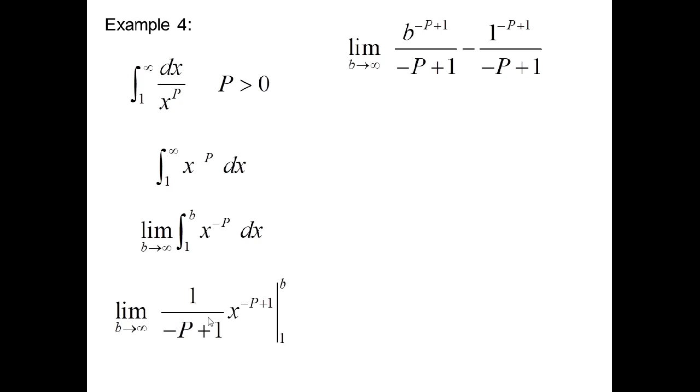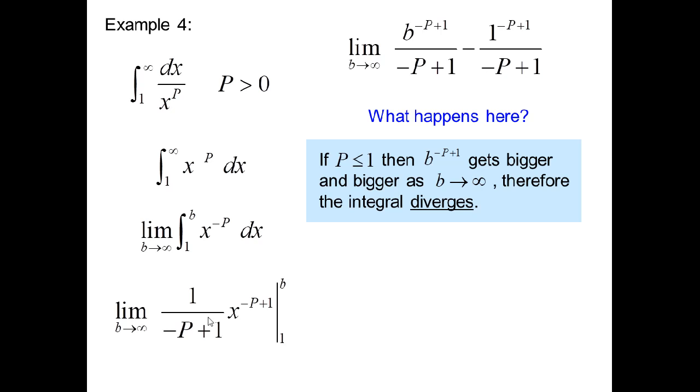Now, as we take the limit as b goes to infinity, what happens here? Well, if p is less than or equal to 1, then b to the negative p plus 1 is going to get bigger. So the integral will diverge.